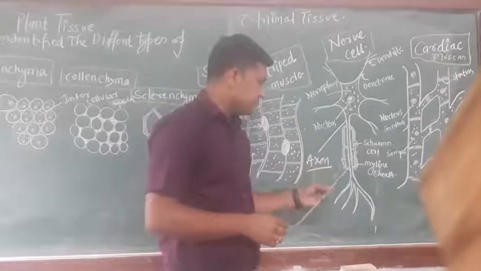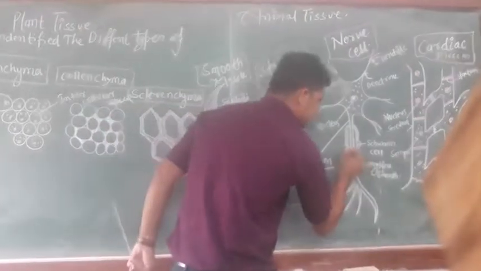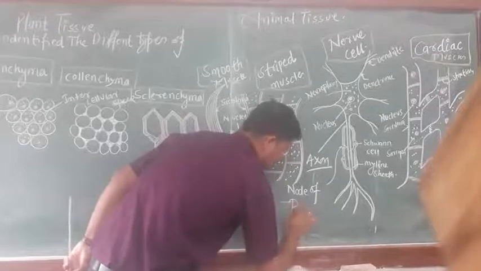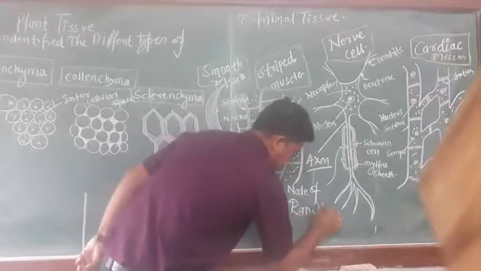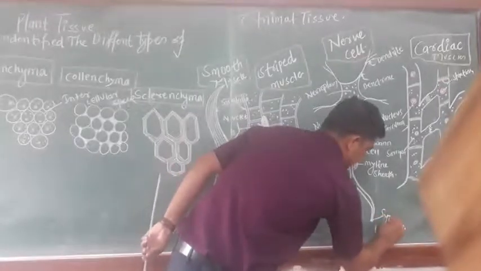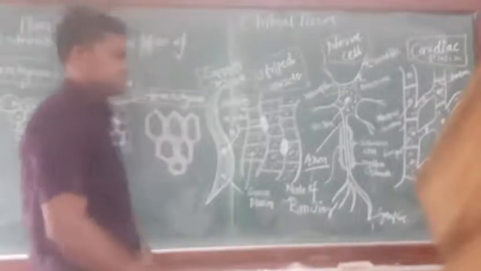And in between the myelin sheath, we have a node. That node is called node of Ranvier, and the end point is called synapses.